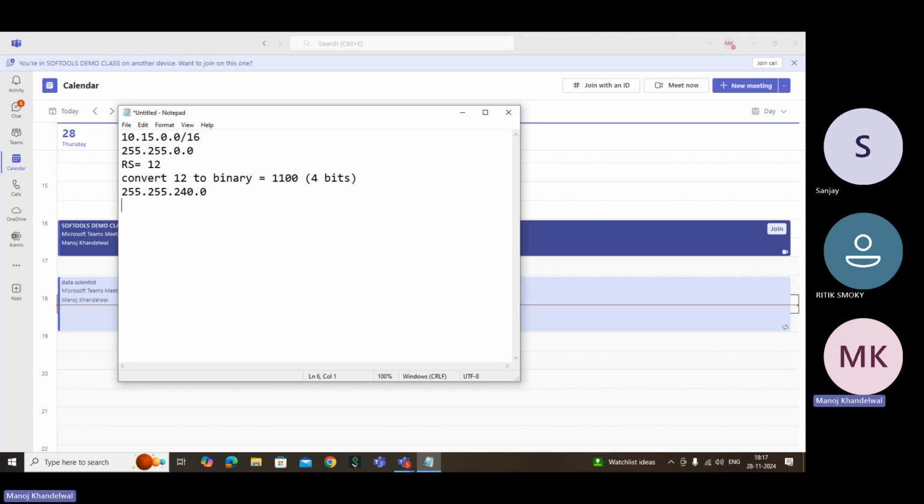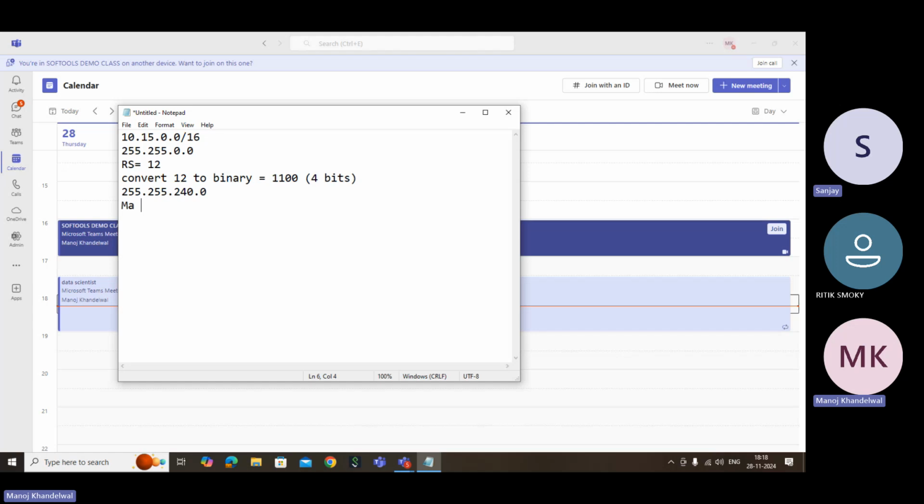Everything's clear, right? We want to know the maximum number of subnets. They are asking us for 12 subnets, but after borrowing 4 bits from the host side, how many subnets will we get?